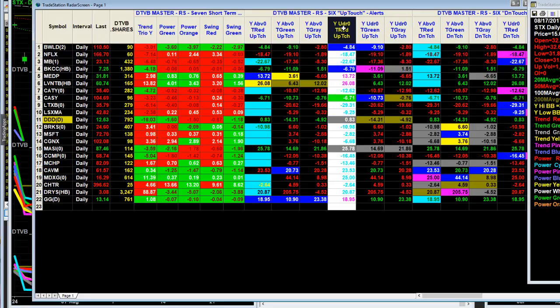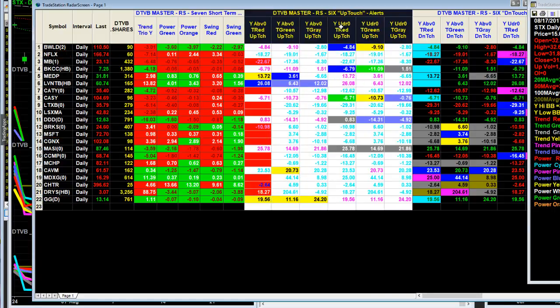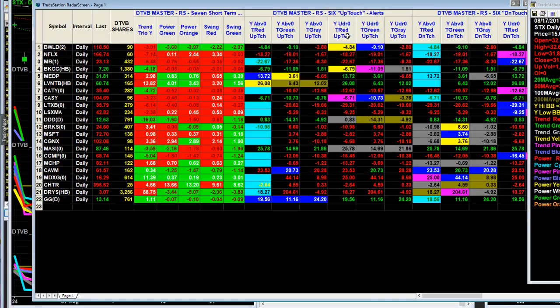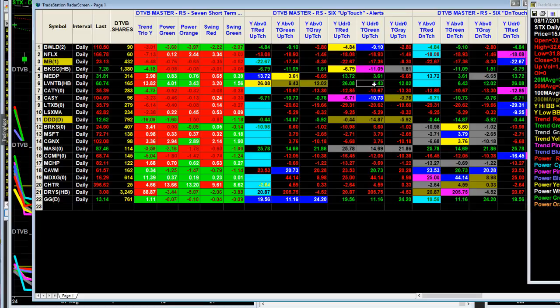In this particular box right here, I'm going to take the trend red is up touching, and there are certain boxes that it's up touching. The color of the box is the line. So in other words, trend red is up touching yellow right here. Again, it's up touching yellow right here.